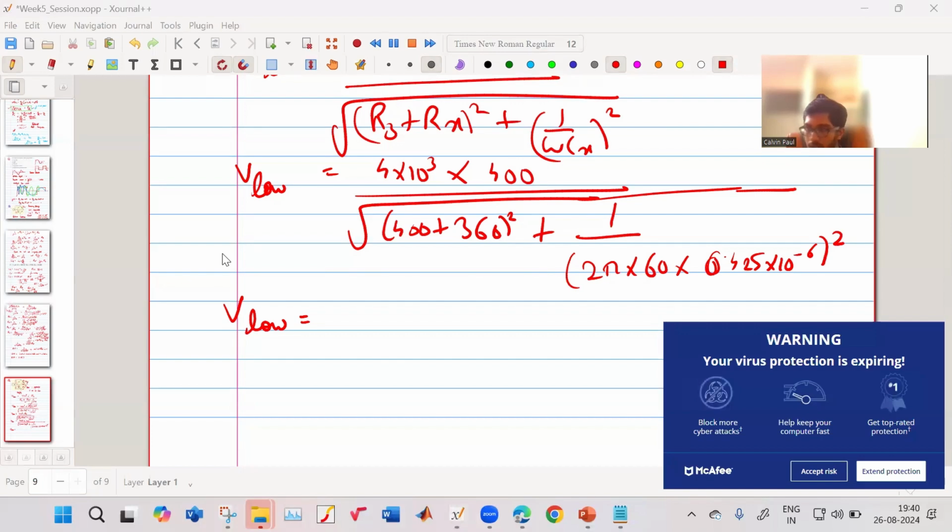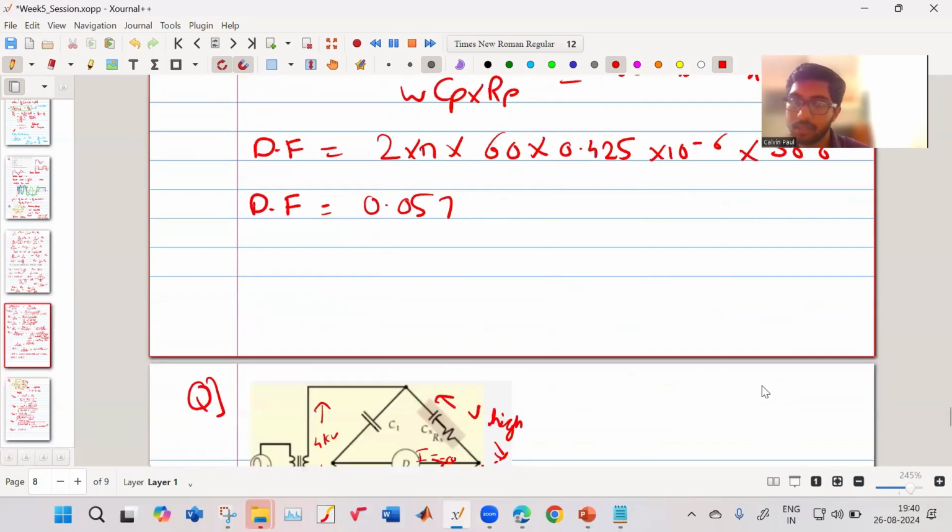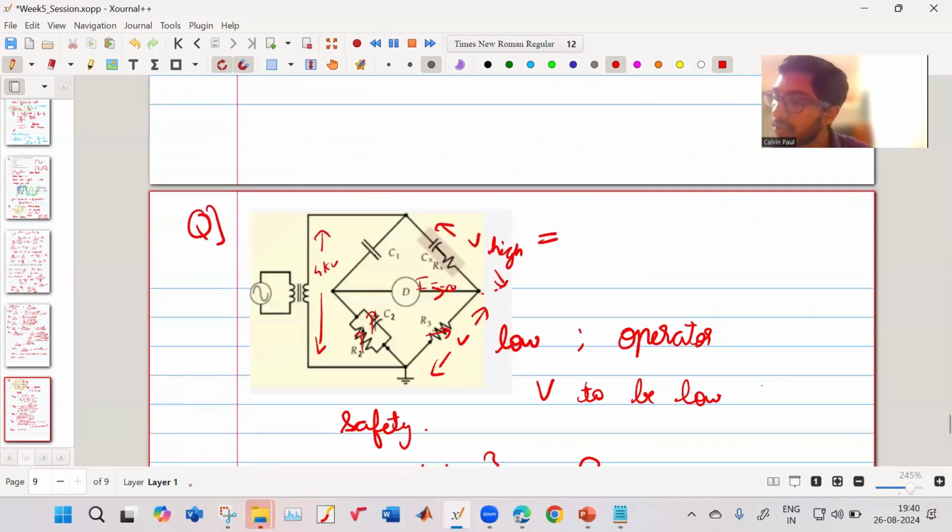254.57. Yes. So it comes out to be 254.57 volt. Okay. So this is also quite a high voltage, but the voltage across the capacitor which will be measured, this V high, will be very high.